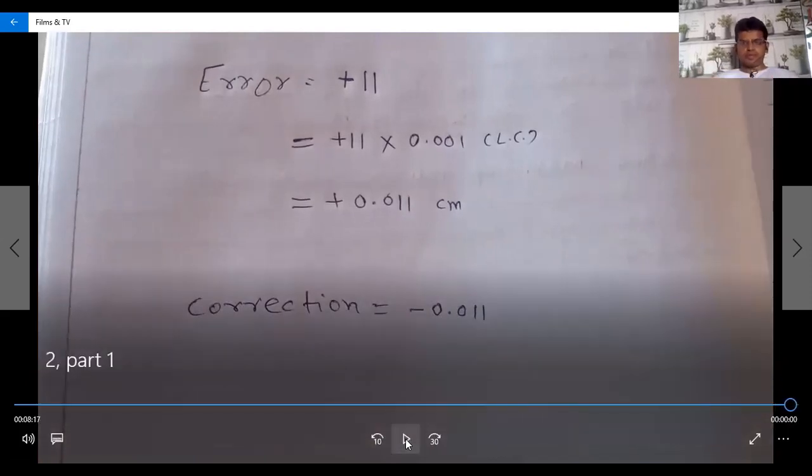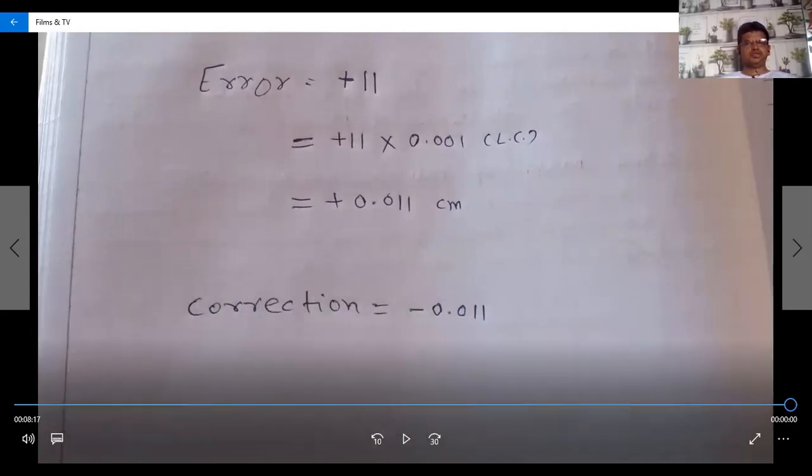Okay, so after we found the error and the correction, then in the second stage we want the value of the diameter of a given wire, and we want the thickness of a given thin plate.